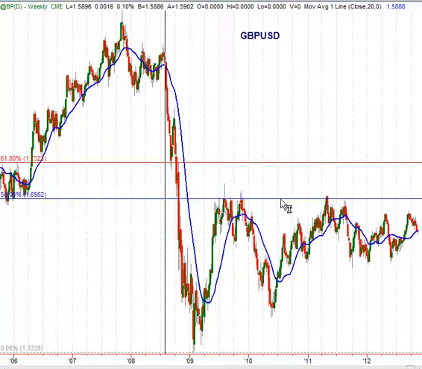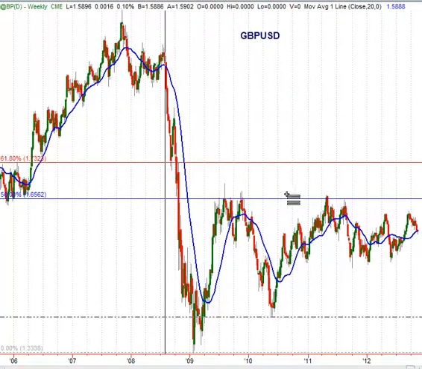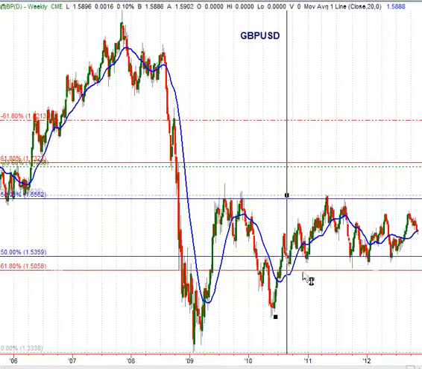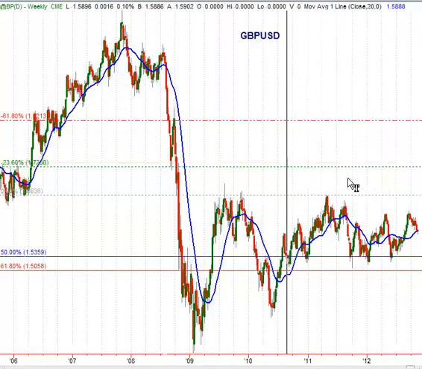This resistance is keeping price lower, but recently you will see that we started respecting a long here. So there is support in the 153.60 area, and this is going to push price higher. As we can see, if we get additional dollar weakness, the first target for this market is definitely 172.